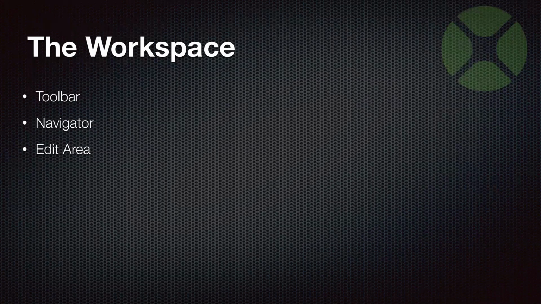So that changes depending on what you're doing. It could have the layout editor. It could have the code editor or other editors that appear there depending on what you're working on. And on the right-hand side, we have what is called the library, where all the controls are for when you're working on your layouts. And the inspector. They kind of share the same space, as you'll see.